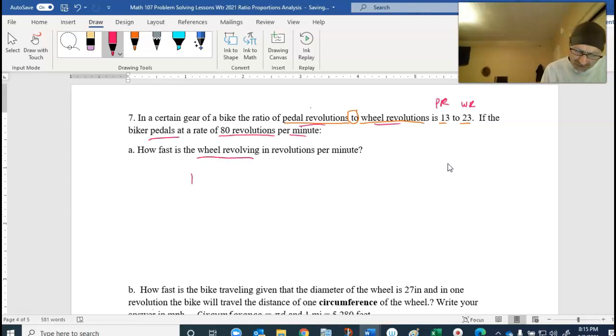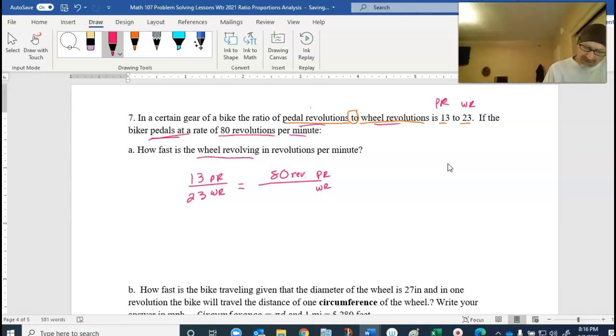So we have this 13 pedal revolutions for every 23 wheel revolutions as a ratio. And that should be equal to, we should have pedaling revolutions up here and wheel revolutions down here. And it tells us that pedaling is at 80 revolutions, and this is in a minute, right?